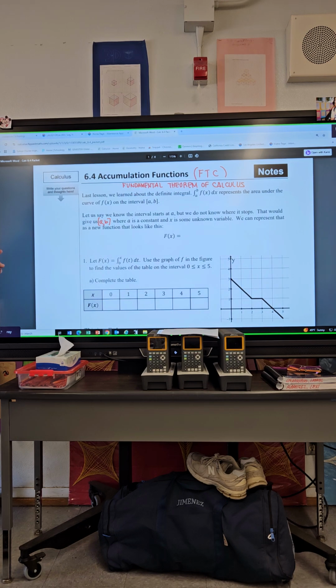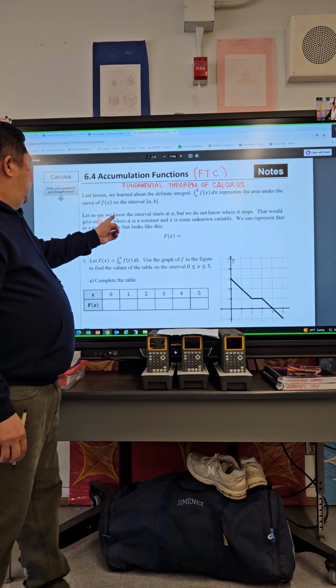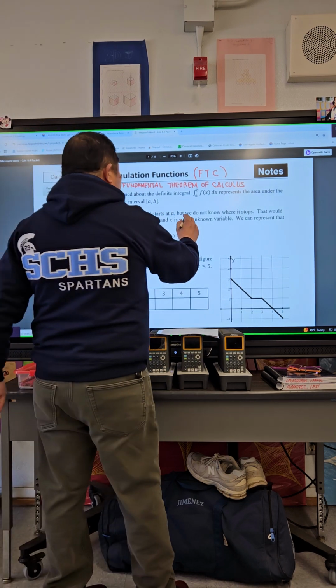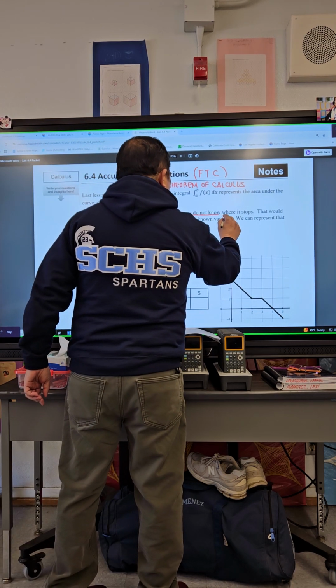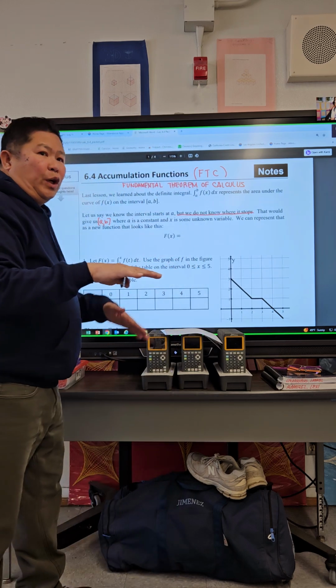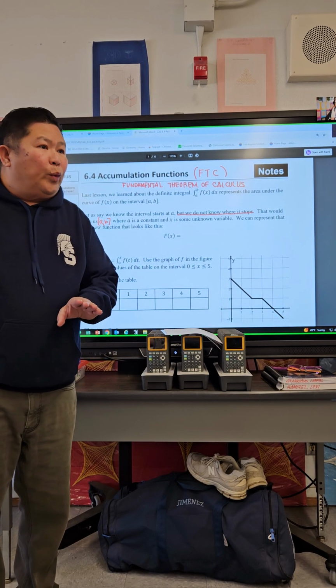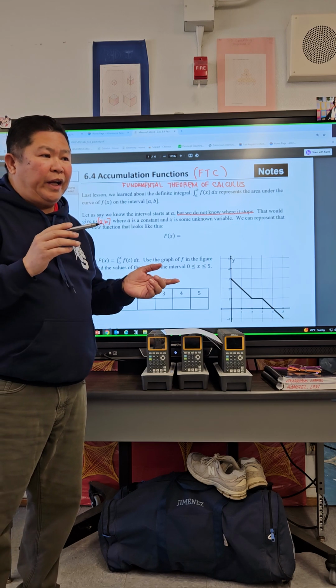Okay, so it says right here, the interval starts at a, but we do not know where it stops. So the lower limit is given, but we don't know the upper limit where it stops, right?